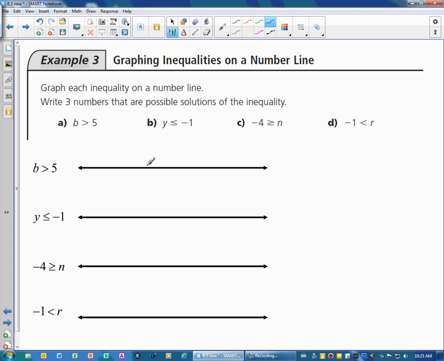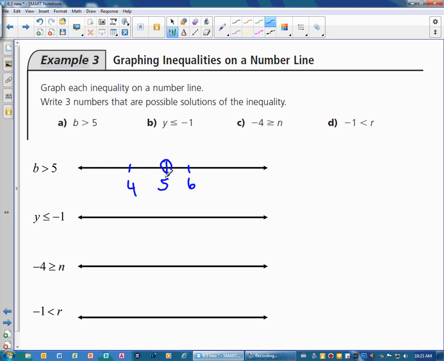The only number that's important is 5. So I'm going to put 5 right in the middle. If you want to, put 6 and put 4, but you don't have to. 5 is the number that's important. Because it's a greater than, it needs to be an open circle because it can't include 5. So open circle on 5.